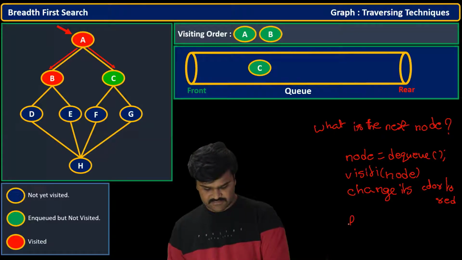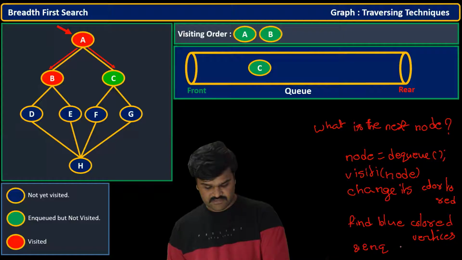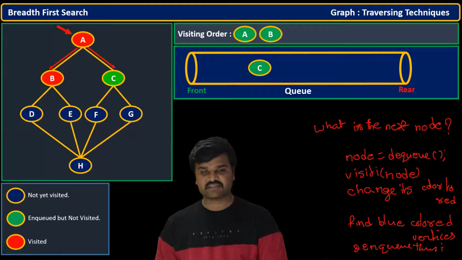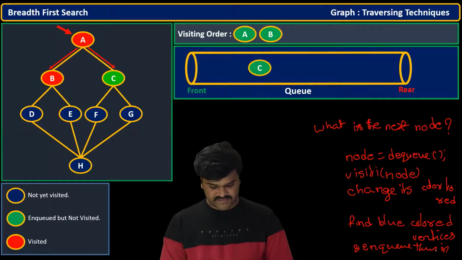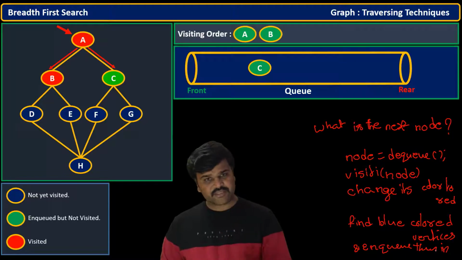Find blue colored vertices and NQ them in any order. And of course we have to change their color to green. So these are the steps we are going to do repeatedly.